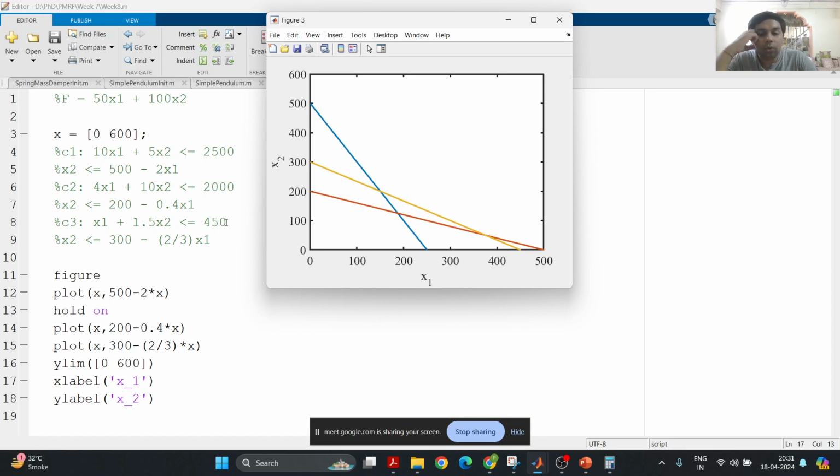So it all depends on the problem. But here we can see graphically that this point of intersection is the corner point.